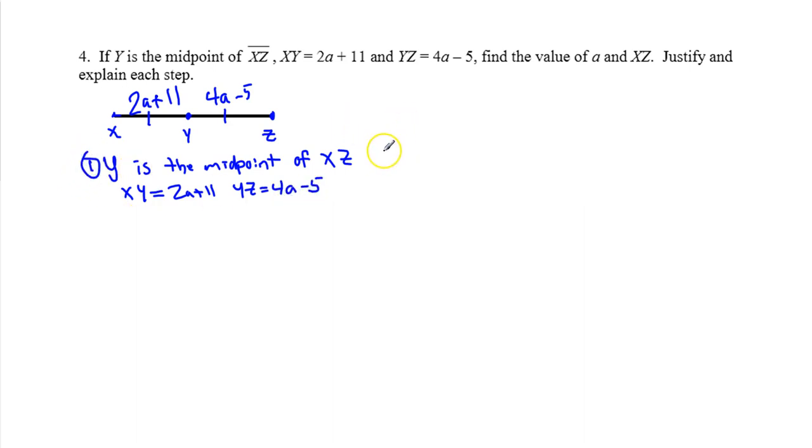Why do we know all that? It's given to us. We assume the things that are given are true, and that is sound mathematical reasoning. Now, what can we conclude from midpoint? Well, we can say that xy equals yz. Why do we know that? Well, we know it because of this.